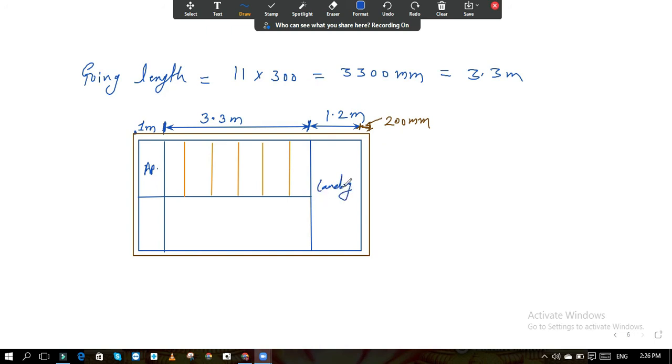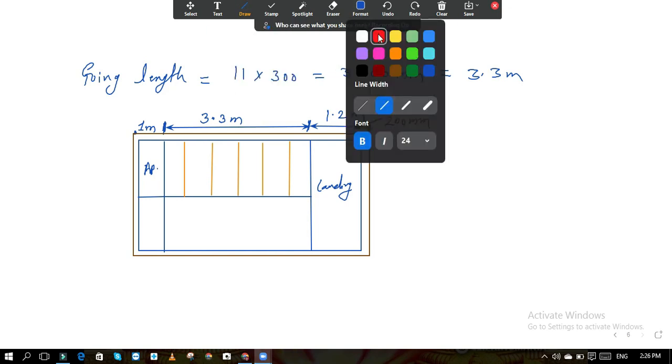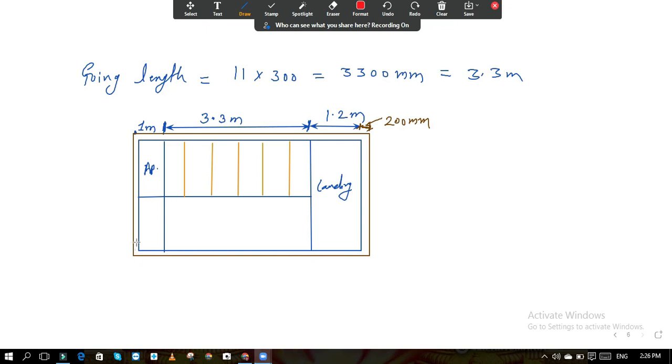This is your typical staircase plan. And if you calculate the effective length, then that effective length will be the center to center distance between the supports. So this is the center and this is also the center of the support. Whatever this length may be, this is your effective length, L effective.